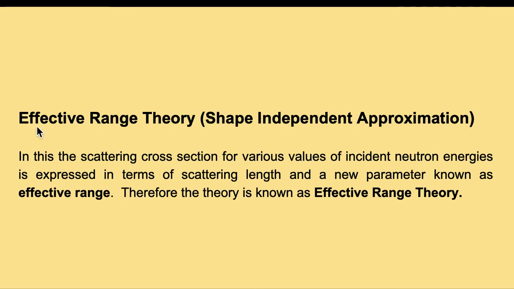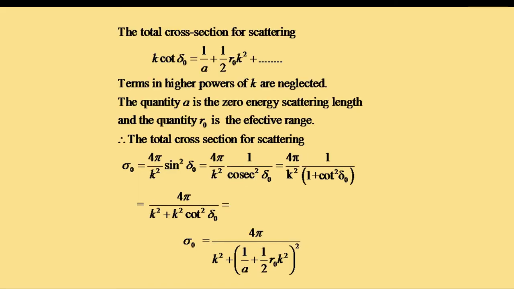Based on this, we have a theory now known as effective range theory, also known as shape independent approximation. In this, the scattering cross-section for various values of incident neutron energies is expressed in terms of scattering length and a new parameter known as effective range. Therefore, the theory is known as effective range theory.